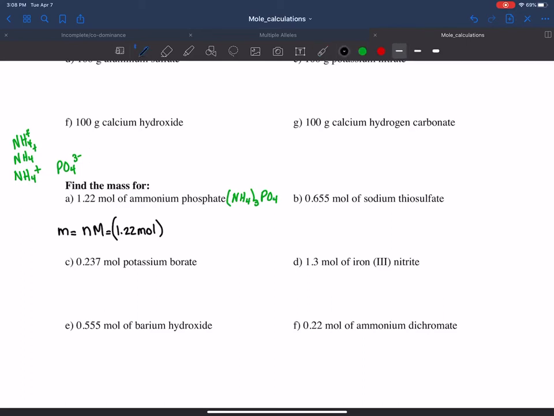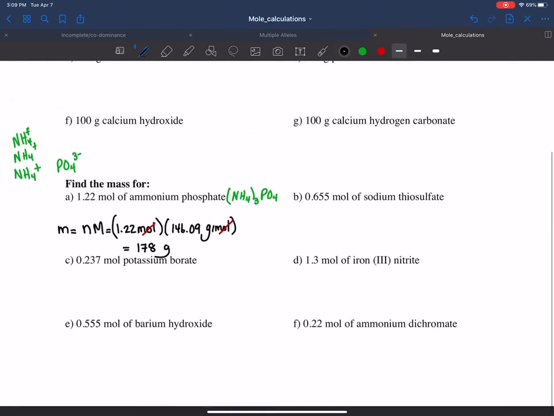So the total for that is going to be 146.09 grams per mole. And here I want you to notice that moles at the top, moles at the bottom, so those ones will cancel, and then my units will be in grams, so 178 grams for this one.